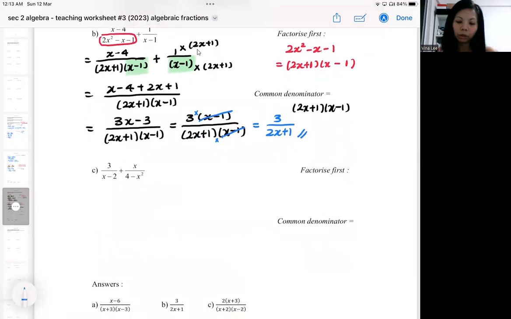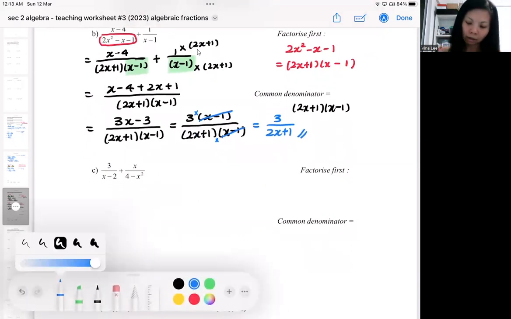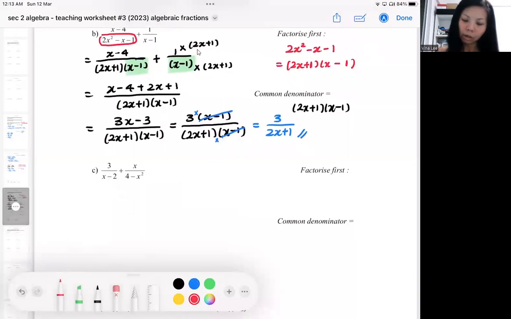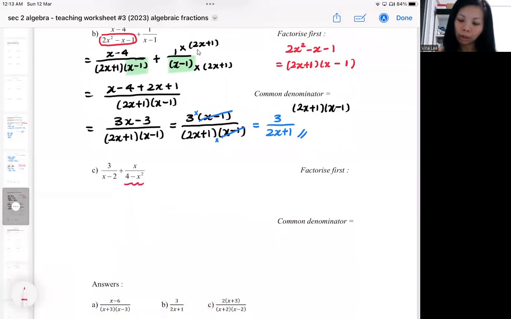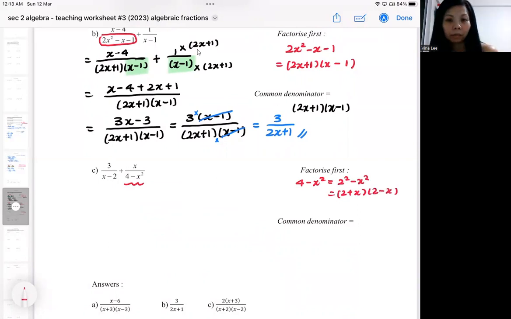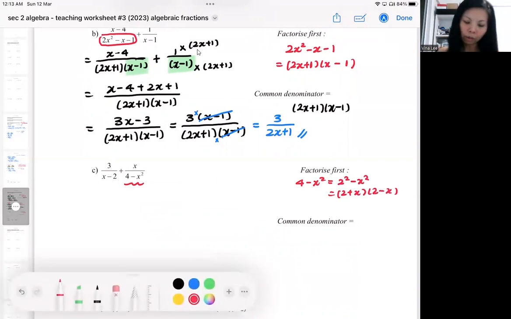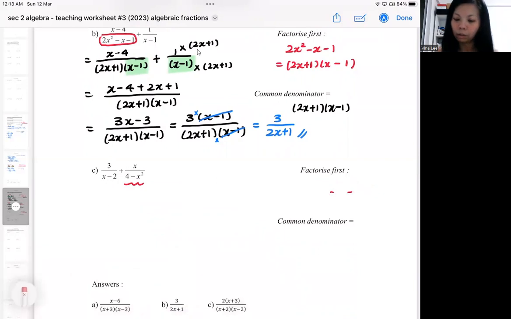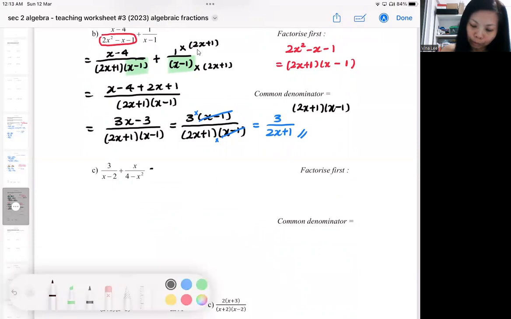The last one is the most tricky one. The last one is a bit tricky. So the last one, you actually need to foresee a little bit. If you are fast enough, you realize that this is something like 2 square minus x square. By now, I hope that this is fast enough for you already. Usually when I see things like this, I prefer to factorize out a negative.